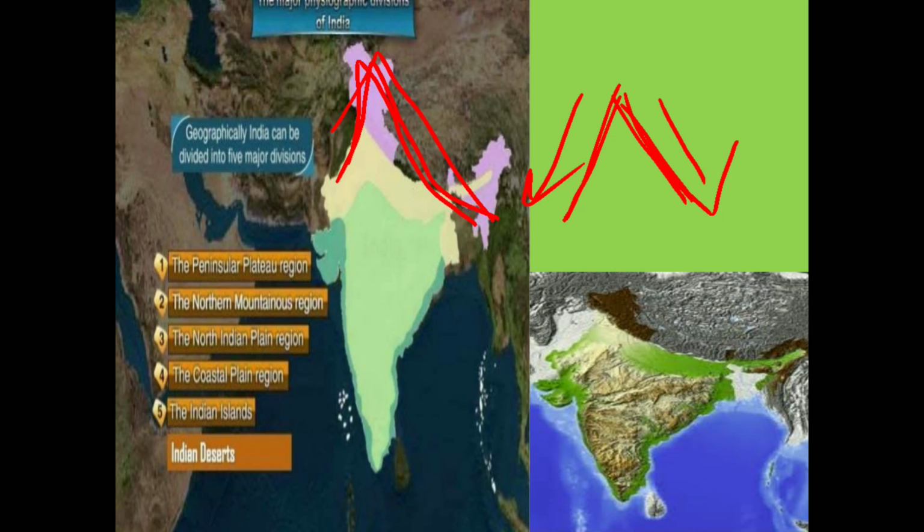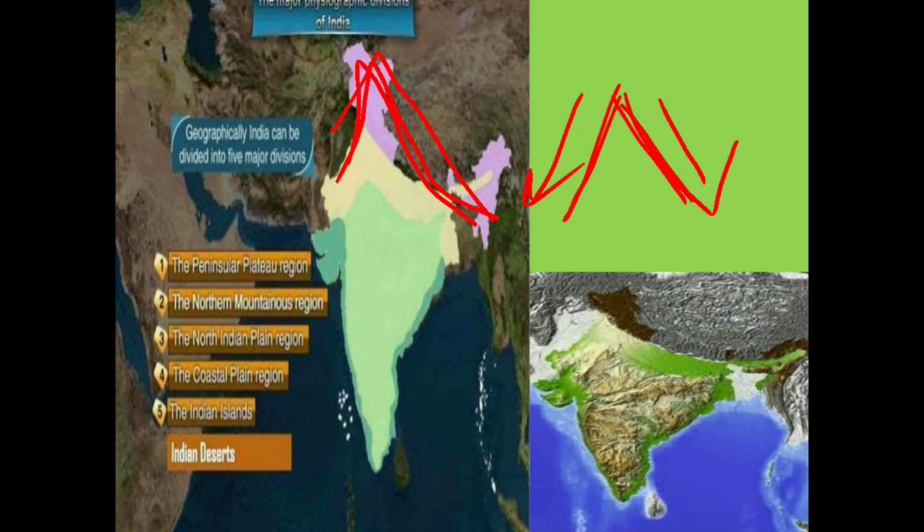Now we need to know about the highest peak, that is Everest. Many rivers like Ganga and Brahmaputra rise from the Himalayas. Some of the other hills we need to know are the Satpura hills and the Nilgiri hills in southern India.